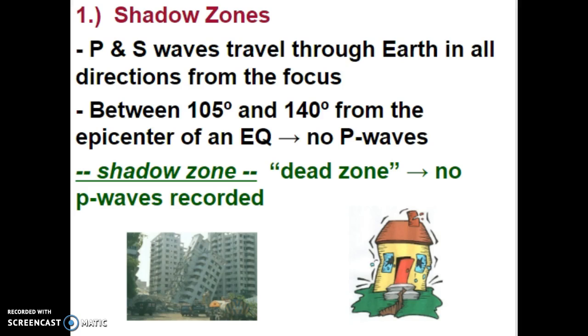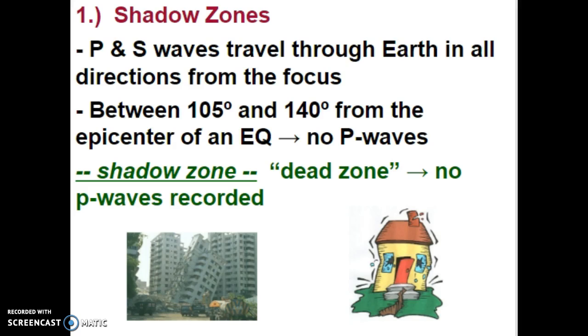Wherever an earthquake is, between 105 degrees and 140 degrees from the epicenter of that earthquake, there are no P waves recorded. We call that the shadow zone or the dead zone. There are no P waves recorded in the shadow zone.